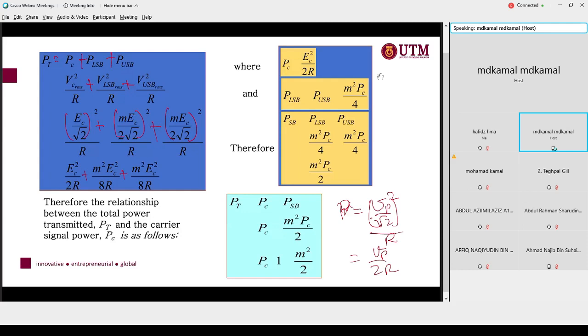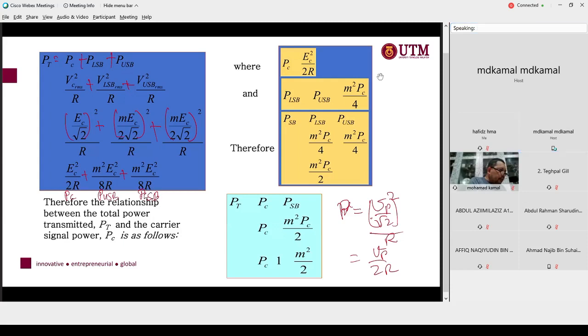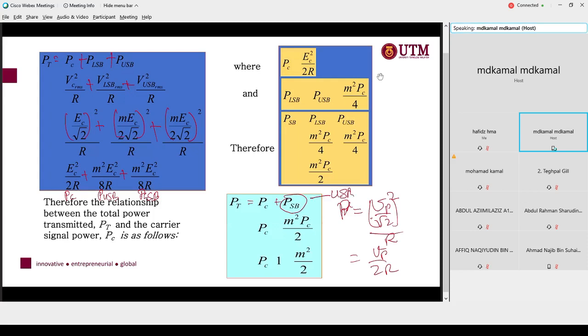So we have the power in the carrier, the upper sideband, and the lower sideband here. Therefore, the relationship between the total power transmitted and the carrier power is as follows. So PT is equal to Pc plus Psb. Psb here is a combination of your upper sideband plus your lower sideband.